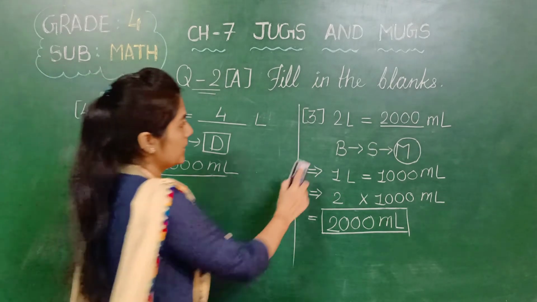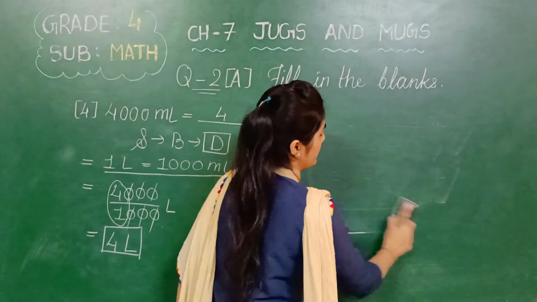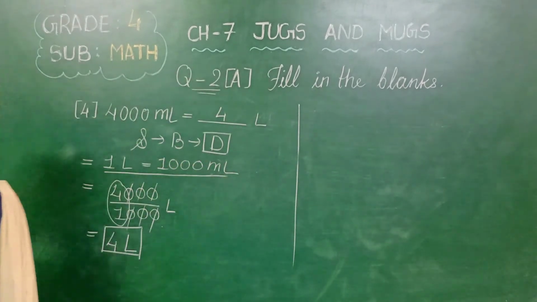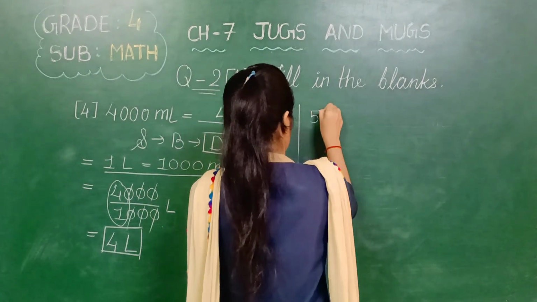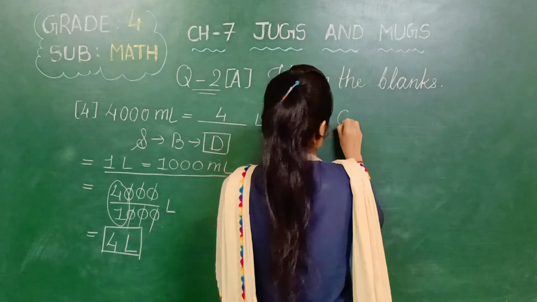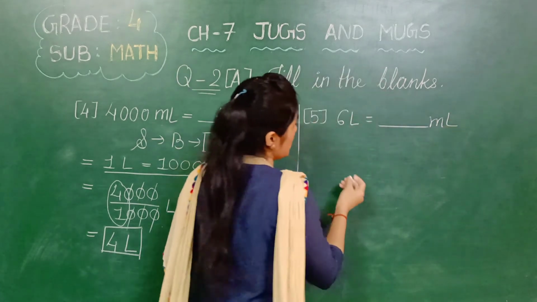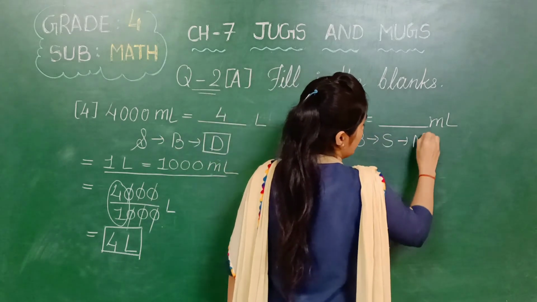Now number 5, which is of the same method. In number 5, 6 liter is given. We have to convert 6 liter into milliliter. So from big to small means multiplication.